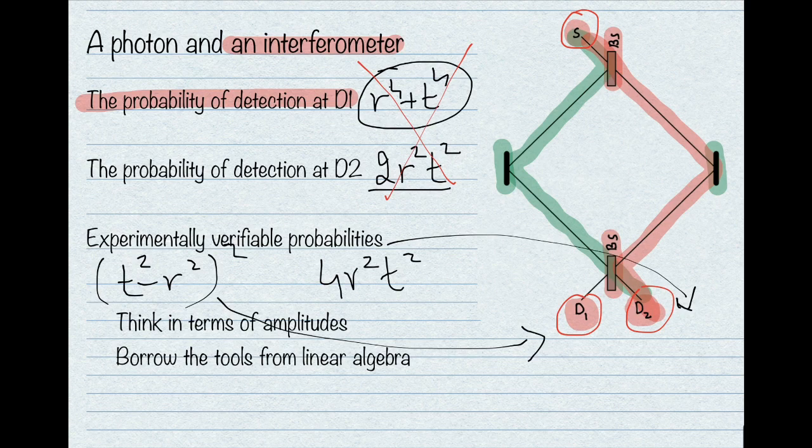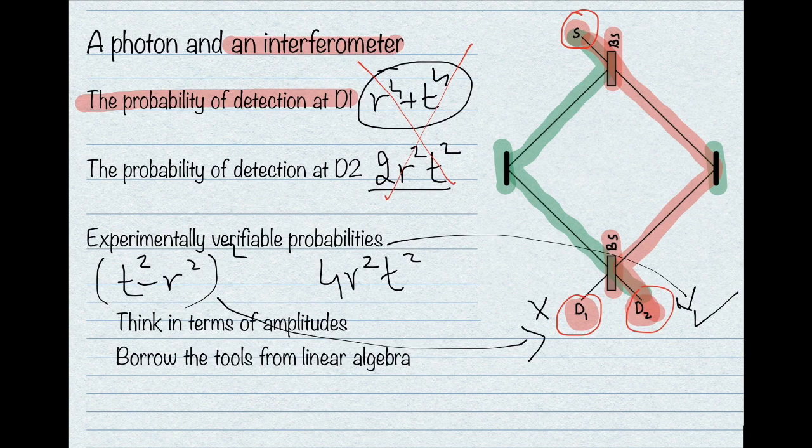We can get some insight into the problem by focusing on these probabilities. This probability will be 0 for an interferometer for which R square equals T square, and for such an interferometer this probability will be 1. This means that all the photons coming from the source will be detected at D2 and none will be detected at D1.